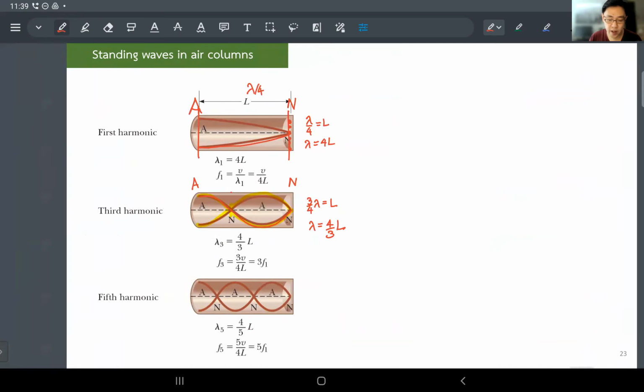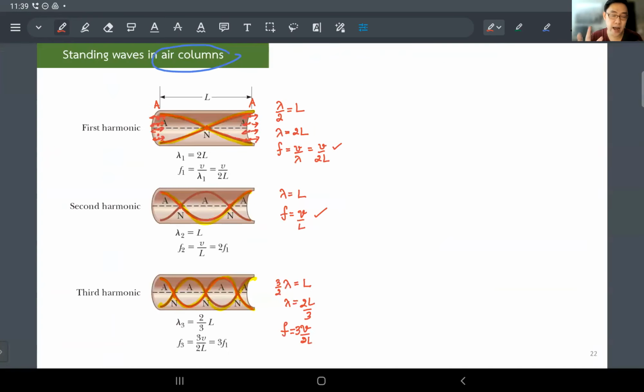Okay. And next time we'll summarize this whole thing one more time, talk about the terminology, like what are the harmonics and maybe some overtones, what are the relationships between the frequencies allowed in these air columns, and then we just finish this whole thing next time.